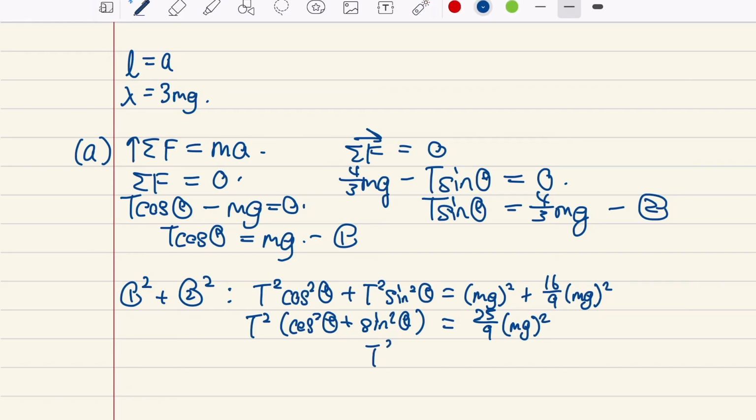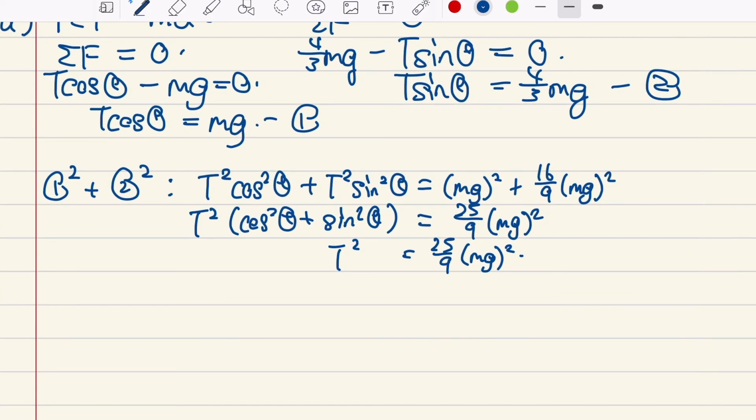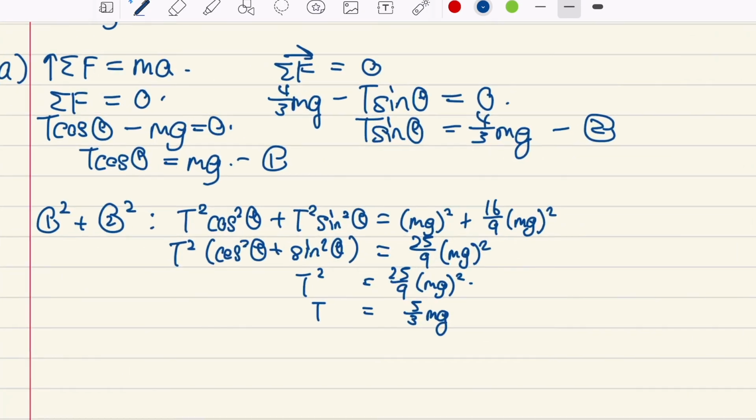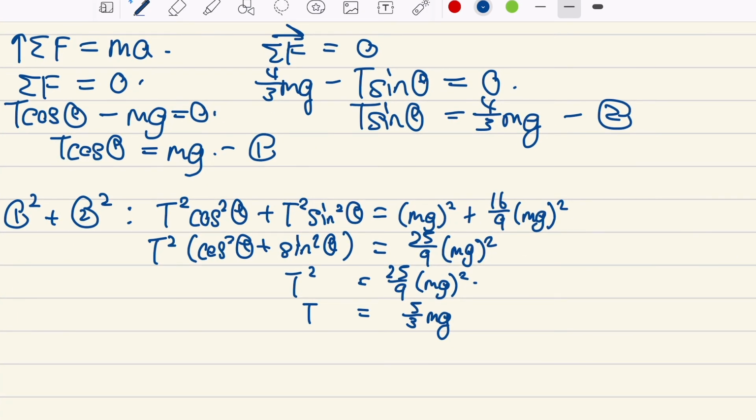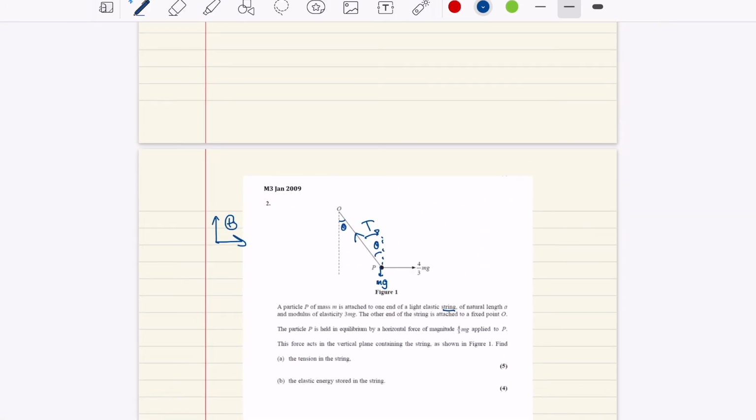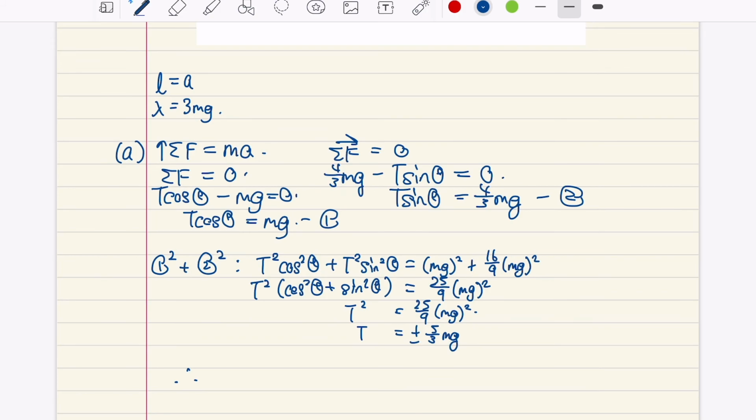So we know that T squared equals 25 over 9 mg squared. So we can square root both sides. T equals 5 over 3 mg. Of course, if we square root both sides, we will have plus and minus. Since in this particular situation our tension is going upward, your final answer will be T equals 5 over 3 mg.